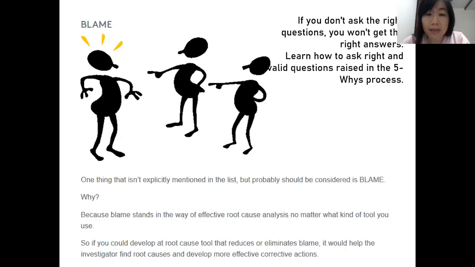Blaming may be an effective root cause analysis, but if you can develop tools that reduce or eliminate blame, hopefully you can help the investigator find more root causes and develop more corrective actions. In the next video, I will show you how 5 whys can fail to identify the root cause. You might get an answer, but the answer means nothing.